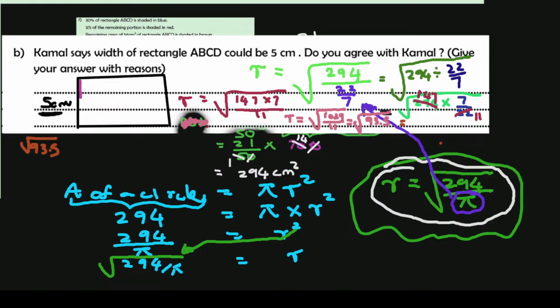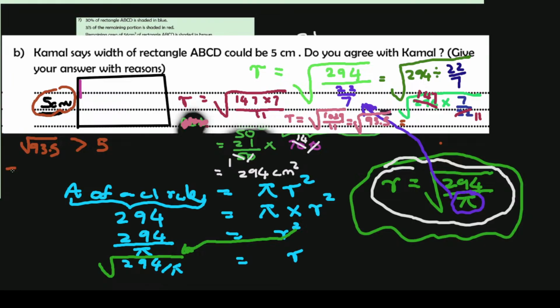But our concern is not 9, our key number is 5. Is the square root of 93.5 bigger than 5? Yes, it's bigger than 5. It is going to be 9 point something, right? So the square root of 93.5 is bigger than 5.